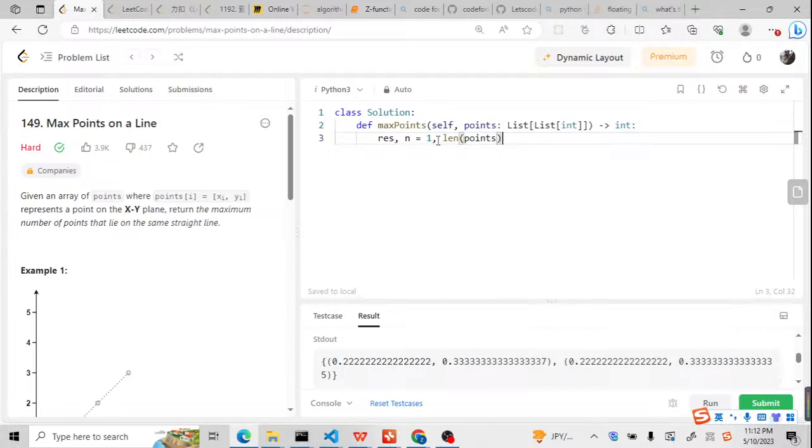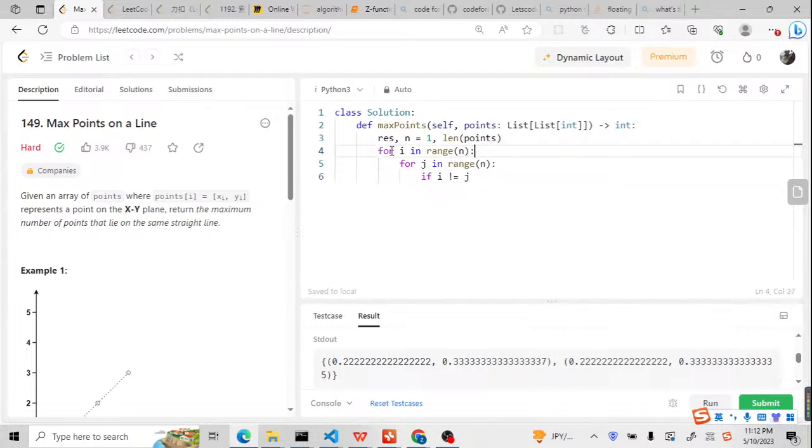Now I'm going to use two for loops. So for i in range n, and for j in range n. And we need to check these values i and j. i should not equal j because we don't need to take the same points.